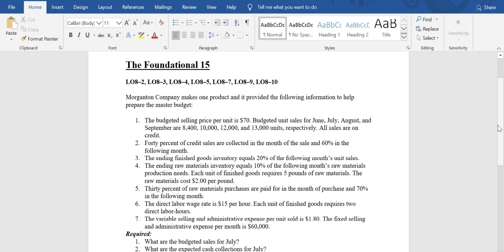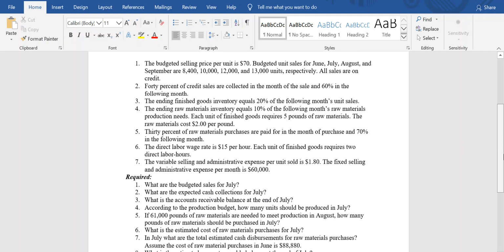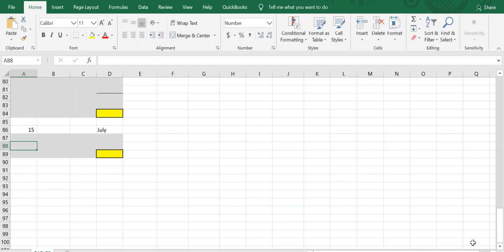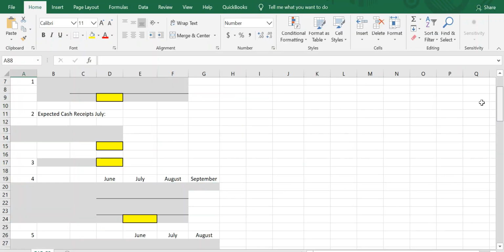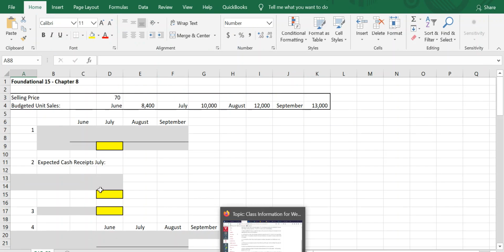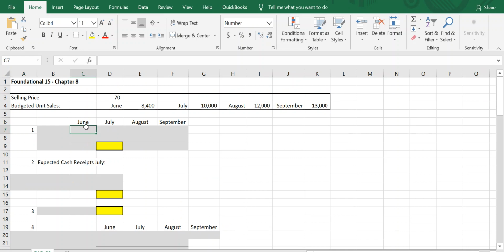So we start with the first question: what is the budgeted sales for July? We're basically going to use this template I mentioned earlier in the video that is available for you in Canvas. In number 1, we need to fill in the sales in terms of units.